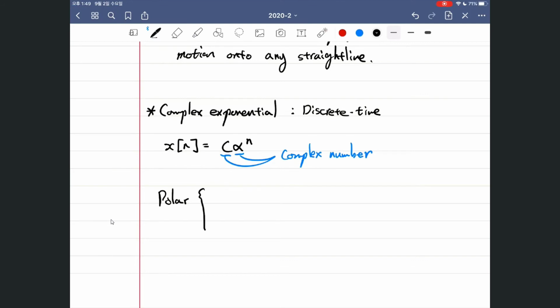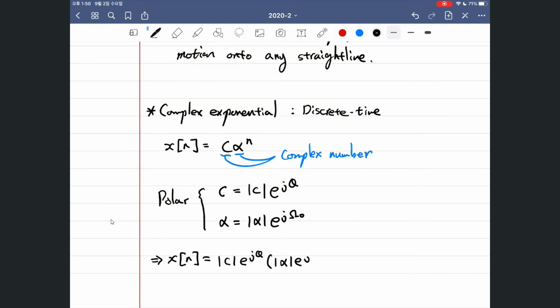So C can be transformed as magnitude of C e to the j theta, and alpha as magnitude of alpha times e to the j large omega 0. Okay, we will use these notations. And then x[n] can be rewritten like this, to the n.